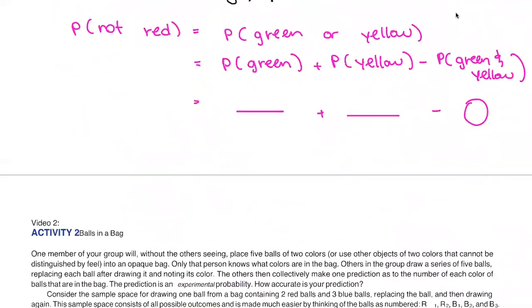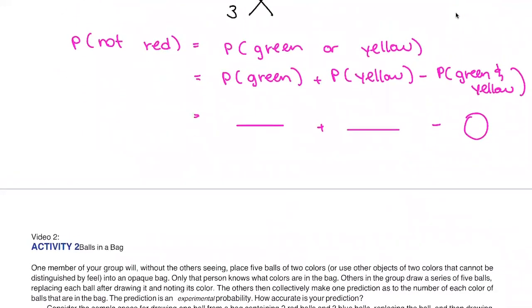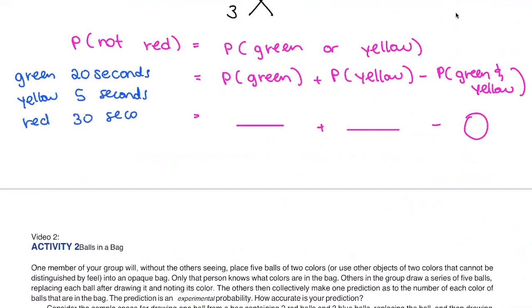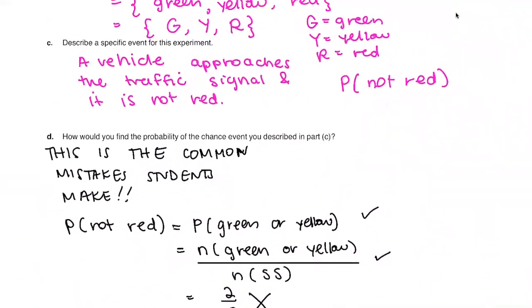Well, I'm going to just rewrite that information on the side here. I'll use blue. It's going to be green for 20 seconds, yellow for 5 seconds, and red for 30 seconds. Let's just verify that what we wrote down in blue matches what we had highlighted in yellow.